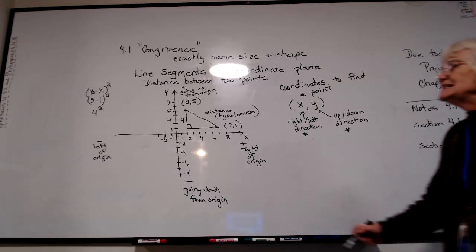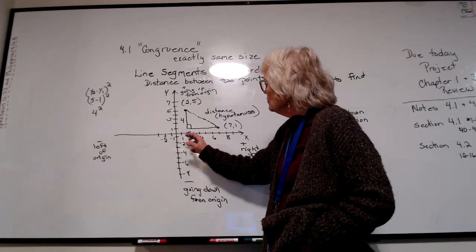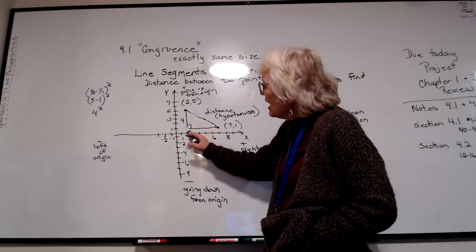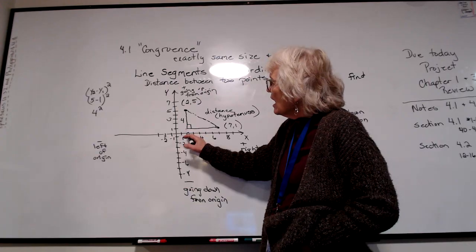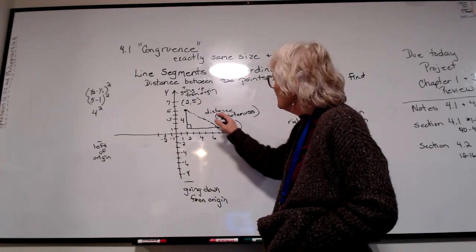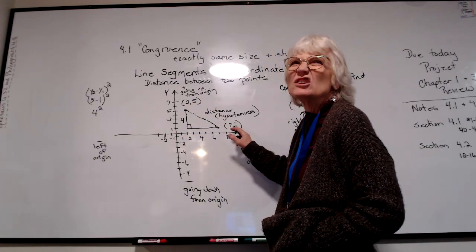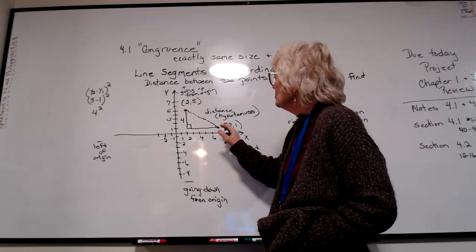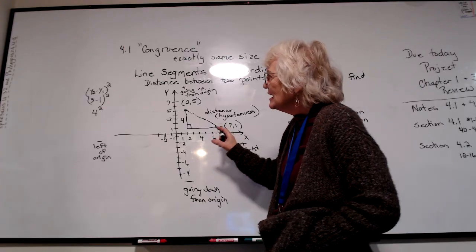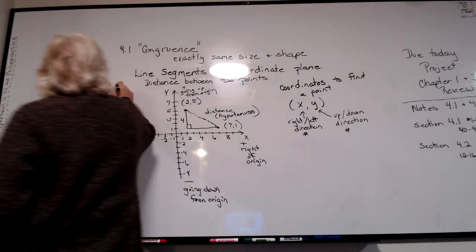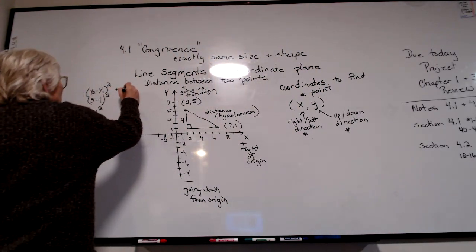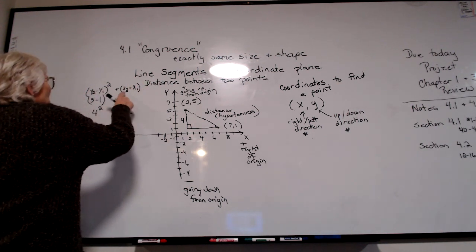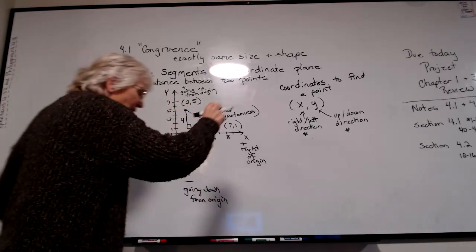I want to find the distance from 2 to 7, but again, now we're looking at, okay, I want 5 to 1. I'm just going to show you, this doesn't necessarily change anything. I need to go from 2 to 7. Now, if I subtract, that's x2 minus x1. What I'm doing here is I'm using the same points.